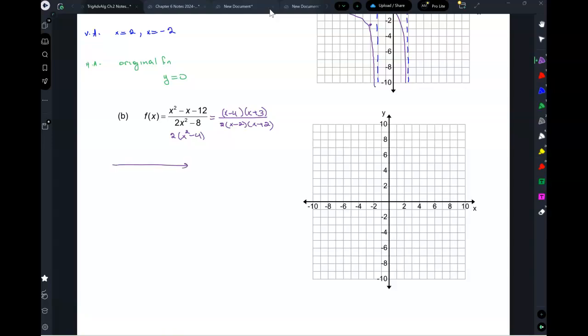Okay. All right, so denominator is 0 at what 2 points? 2 and negative 2. So the domain is negative infinity to negative 2, negative 2 to 2, 2 to infinity.